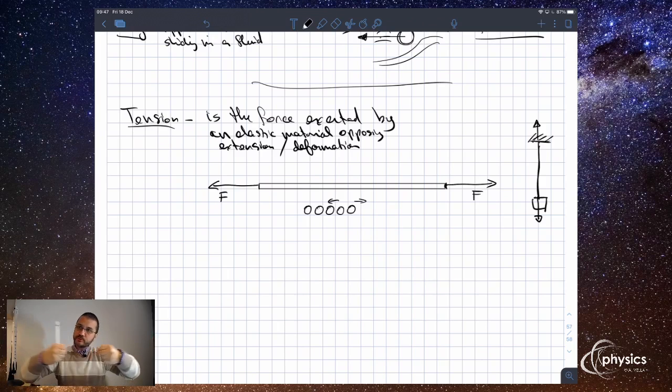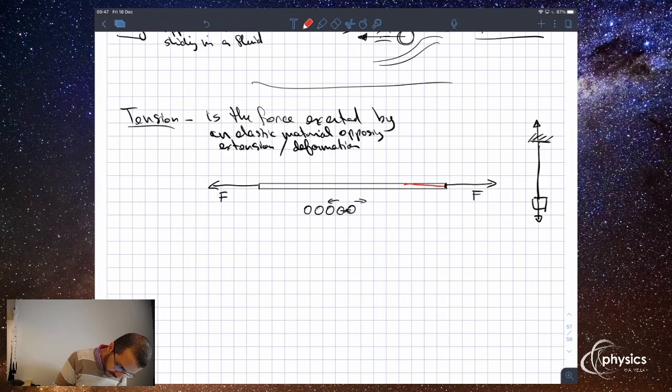If you try to move the atoms apart, the force between them increases, as if you have a spring between the atoms. If you try to pull them apart, they pull back more. The addition of all those forces between the atoms, trying to keep the object at its original length, is seen from outside as the tension.